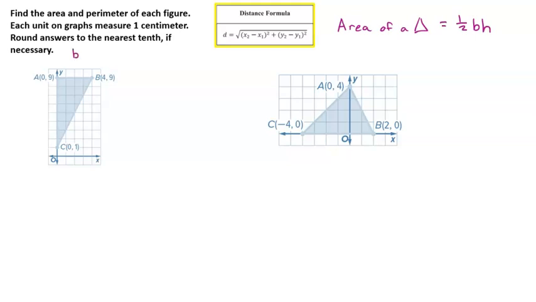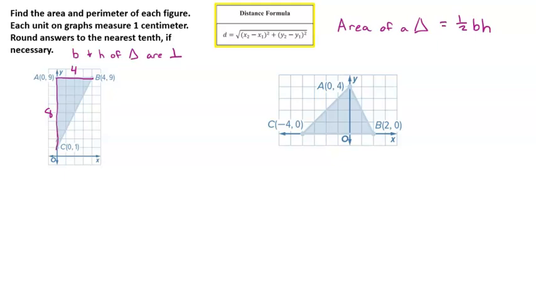So B and H of a triangle are perpendicular. So we've got a right triangle here, and this side here is easy for us to count. That's going to be 4. And then 1, 2, 3, 4, 5, 6, 7, 8. Okay, 8 going down the side from 9 to 1.